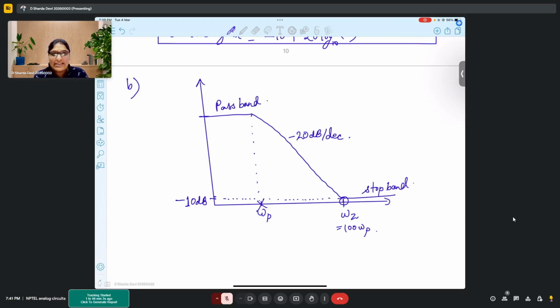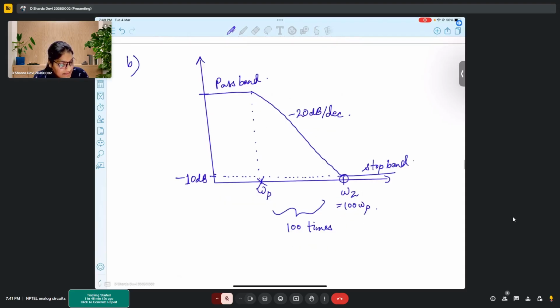Now here it is very easy, since we have come across 100 times. That means 2 decades. So simply by adding 40 dBs, we will get this value. So this would be 30 dBs.